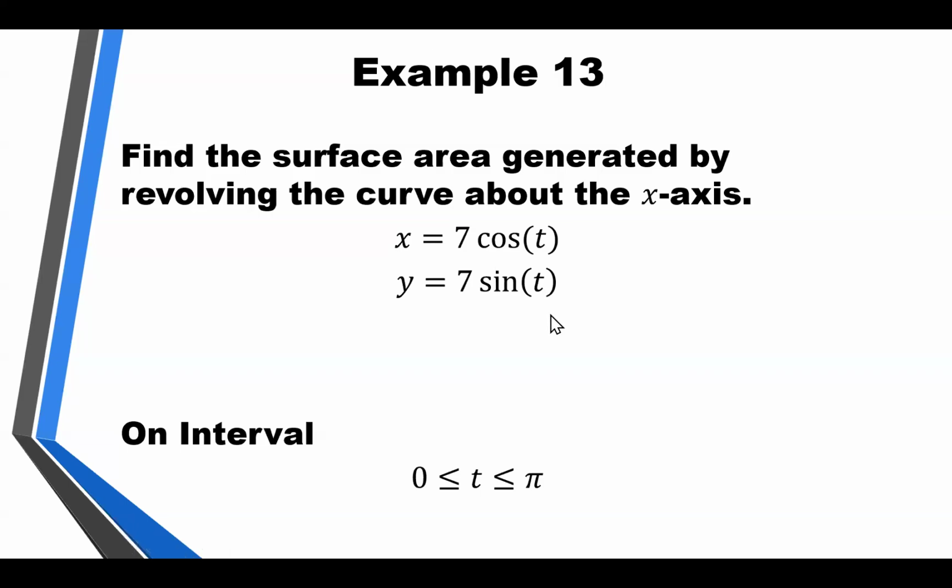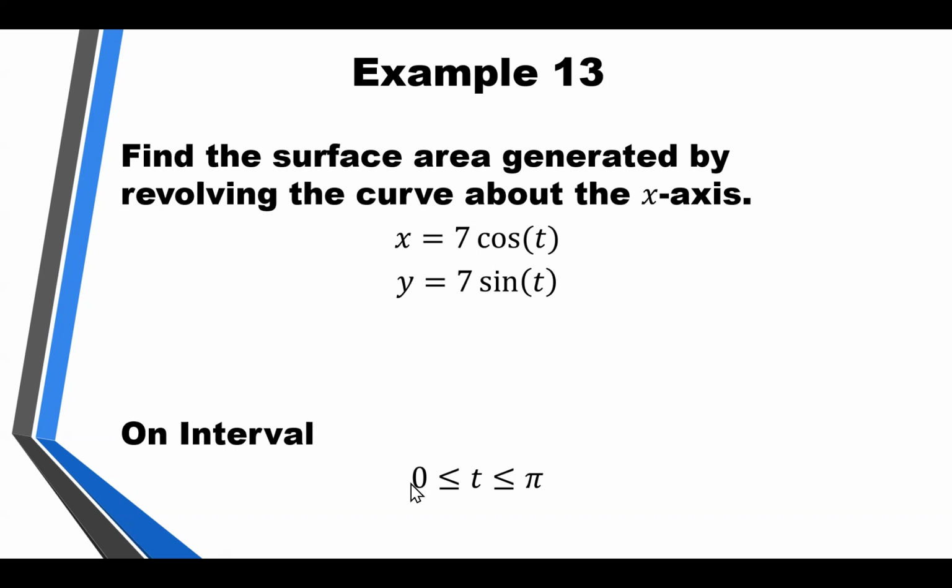This is kind of a neat one. Example 13. If you want to push pause and try it on your own, go ahead and do that. I will give you a couple seconds to try that on your own if you'd like. All right, this parametric set of equations actually gives you a circle of radius 7 centered at the origin.